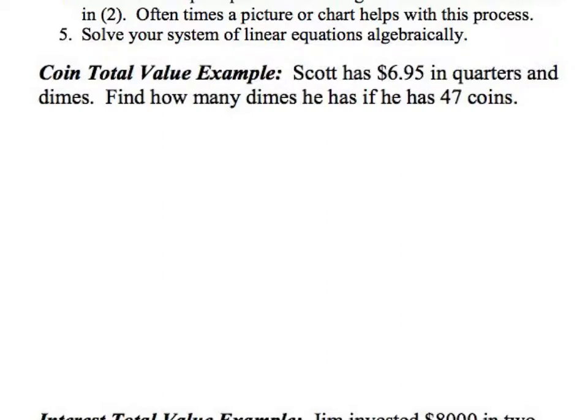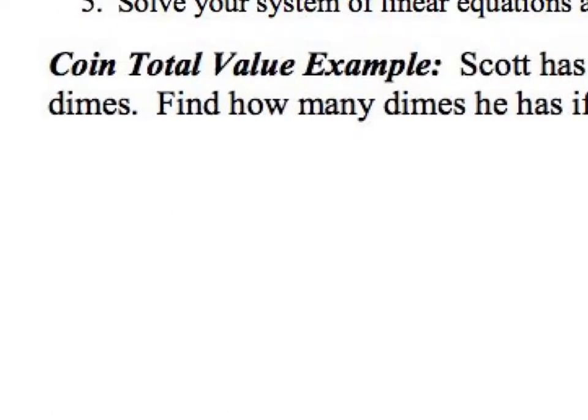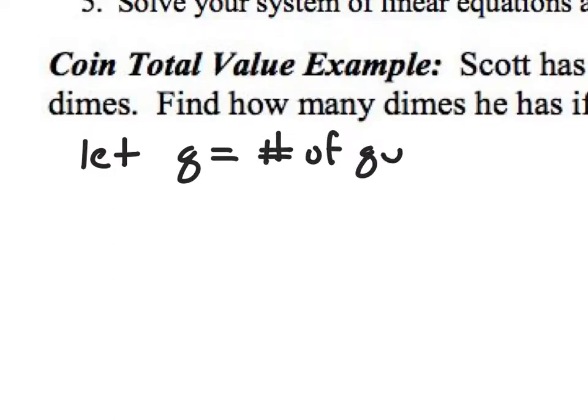Let's create two variables. Let Q equal the number of quarters. We already know the value of a quarter is 25 cents, but we're concerned about how many quarters there are.